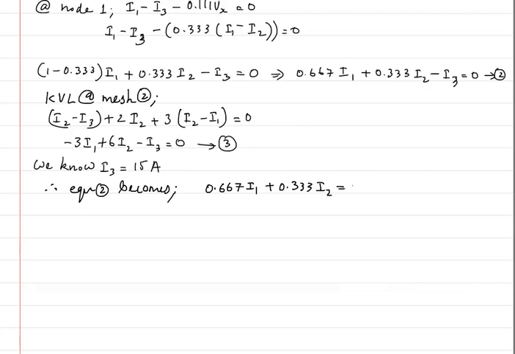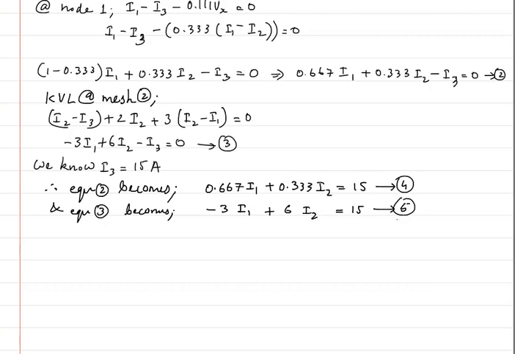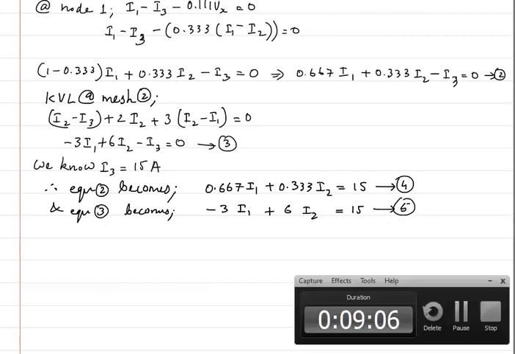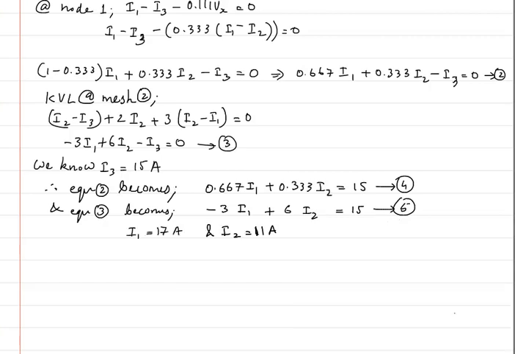If I take it to the other side, it becomes plus I3, which is 15. So this is my fourth equation. Equation 3 becomes minus 3 I1 plus 6 I2 is equal to, taking minus I3 the other side, again 15. So this is my fifth equation, and solving these I will get I1 as 17 amperes and I2 as 11 amperes.